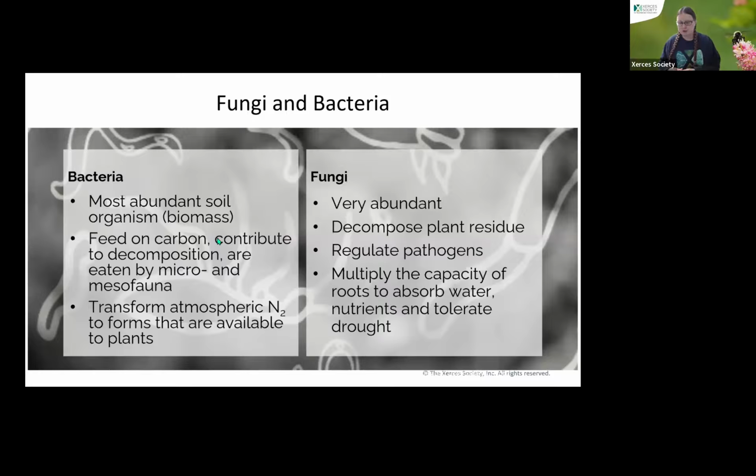So they make those nutrients bioavailable when they would otherwise be locked in the system. Fungi, again, very abundant, decompose plant residue, also regulate pathogens, and multiply the capacity of roots to absorb water, nutrients, and tolerate drought. So making these systems more resilient to extreme conditions that we are experiencing in our climate.